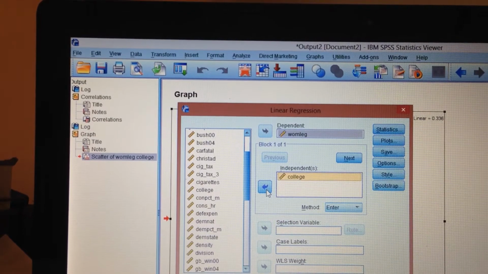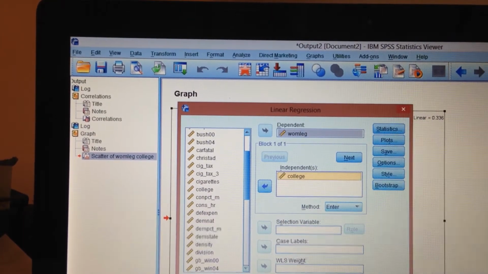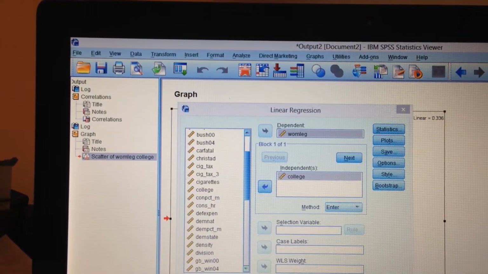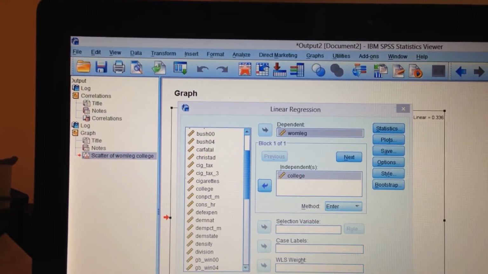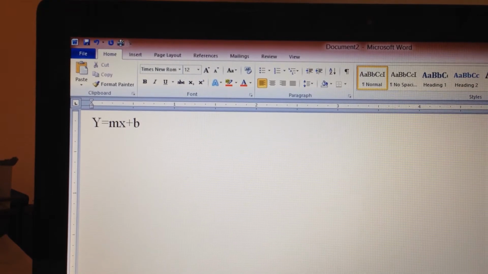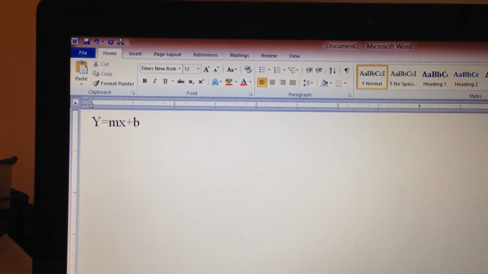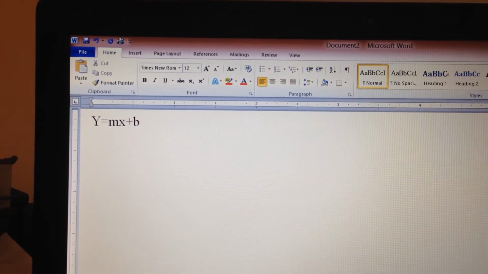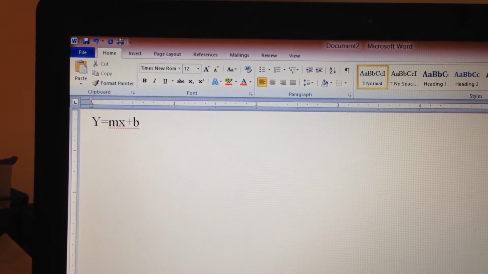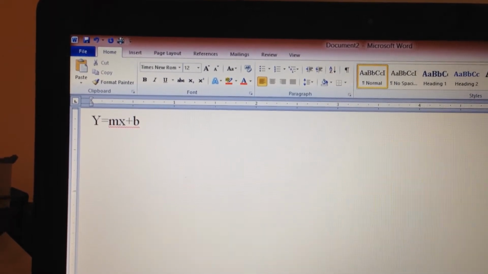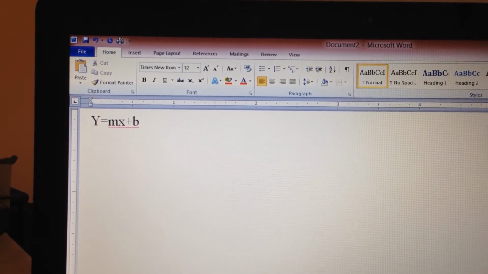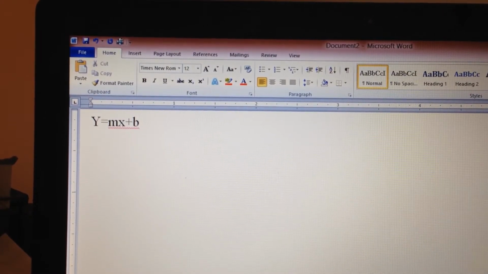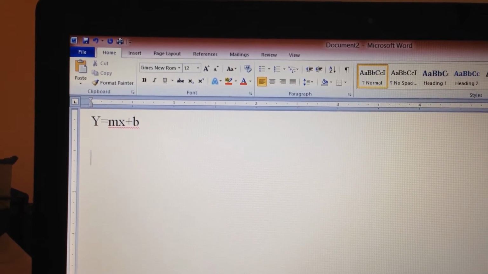All we're doing here is setting up a situation. We are telling SPSS, hey, set up y equals mx plus b for us. Set up basic algebra. The outcome that we are trying to predict is, remember, called the dependent variable. So the dependent variable becomes our y.